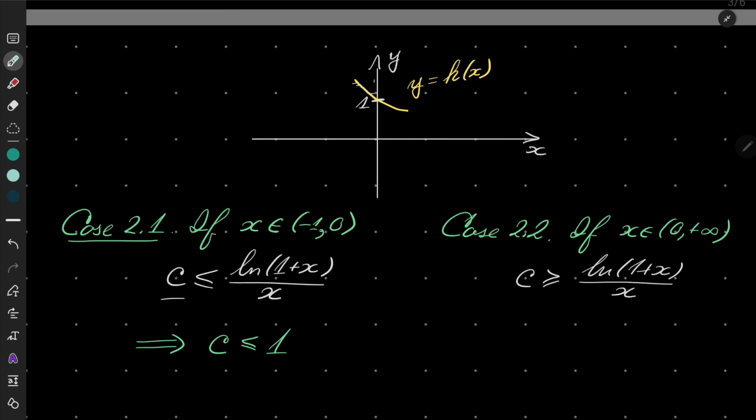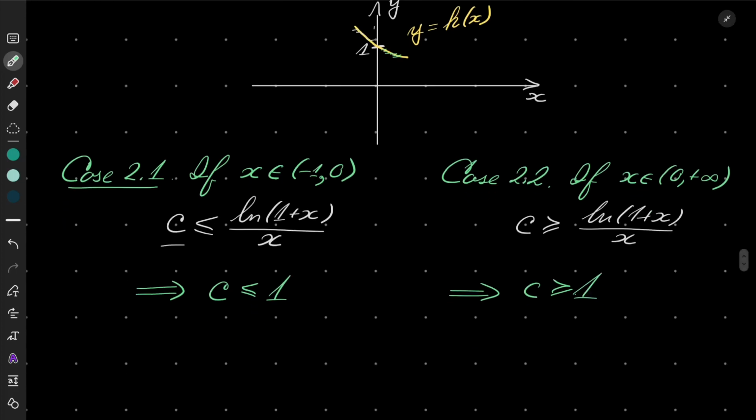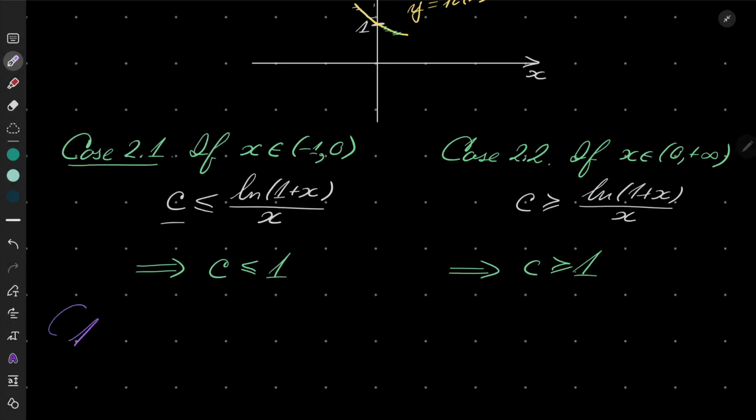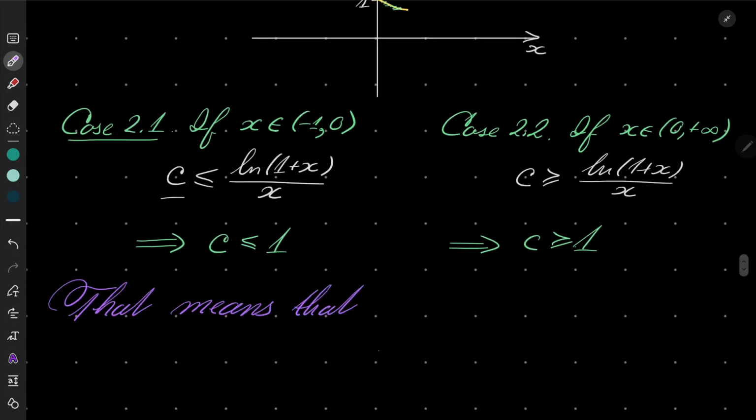But from the second case, c must be greater than or equal to every number slightly less than 1. So c at the same time must be greater than or equal to 1. And that can mean only one thing. That means that c equals 1.